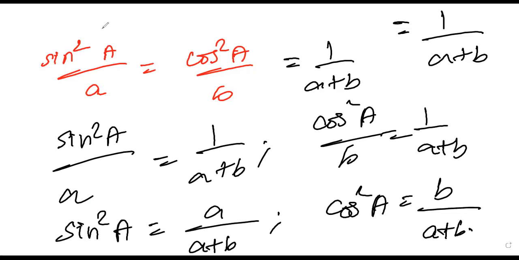So the then condition is sin power 8 theta by a cube plus cos power 8 theta by b cube is equal to 1 divided by a plus b the whole cube. You have to prove it.